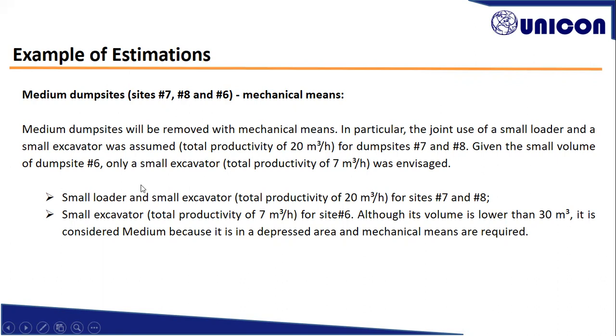Given the small volume of dump site 6, only a small excavator was considered. It is important to note that in the case of dump site 6, although its volume is lower than 30 cubic meter, it is considered a medium dump site because it is in a depressed area and mechanical means are required.